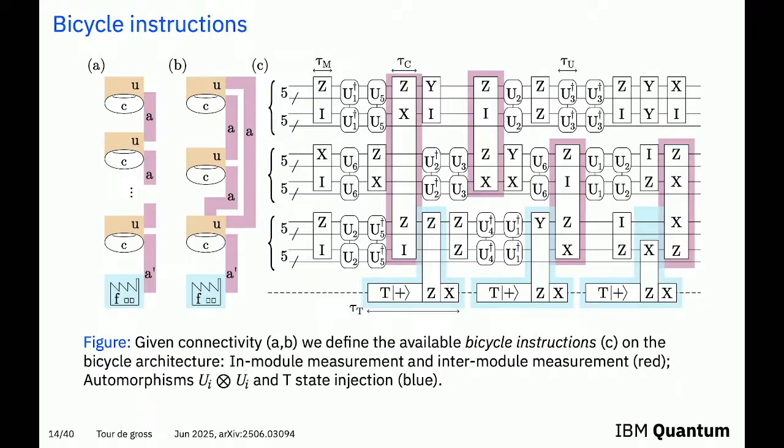And again, there are some bases that we can measure in. For example, we can measure Z, Z, X on qubits 1, 6, and 1 and 6 on another code module. And finally, if a code module is adjacent to a factory, we can perform a magic state injection in some bases, so Z, Y, or X on qubits 1 or 7.